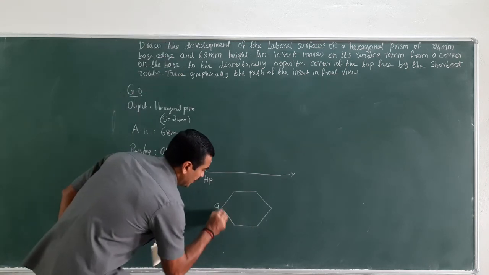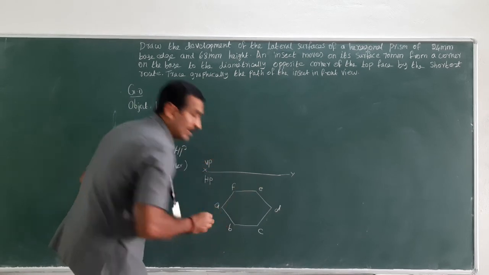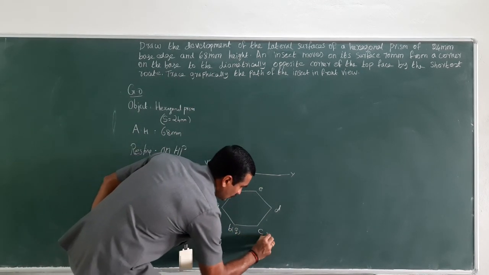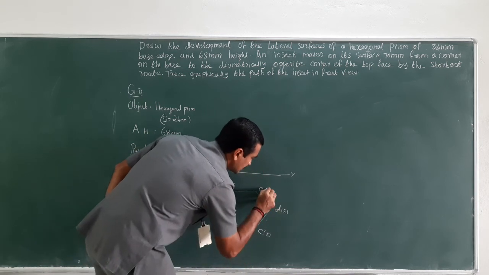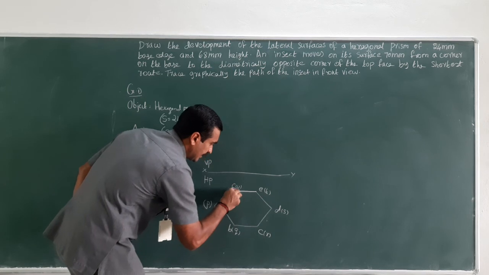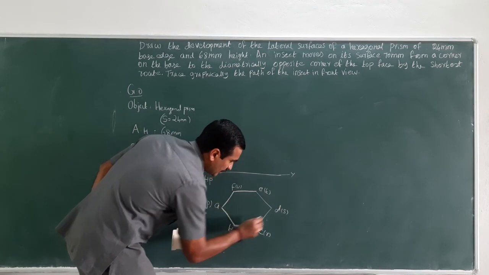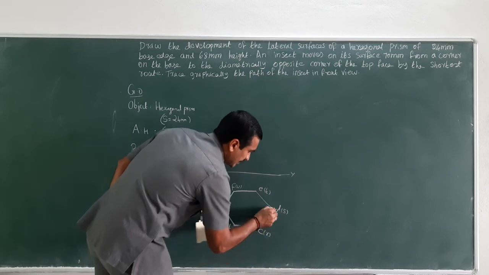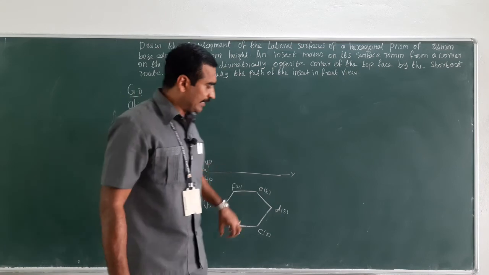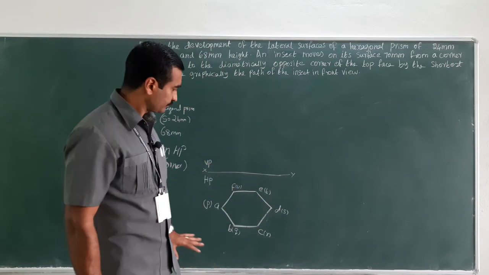The top face would be A, B, C, D, E, F and the bottom base P, Q, R, S, T and U. Let me darken the outline of the object, because here there is no section plane. So, without any doubt, you can just draw the outline dark.